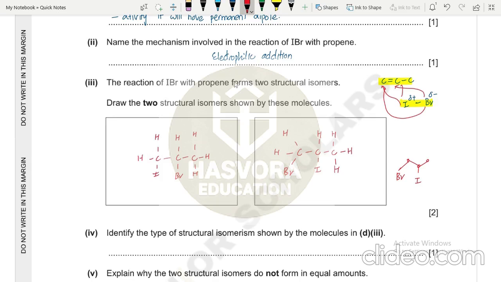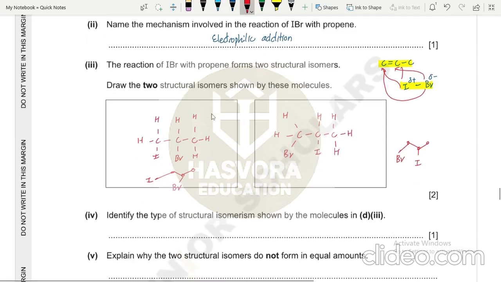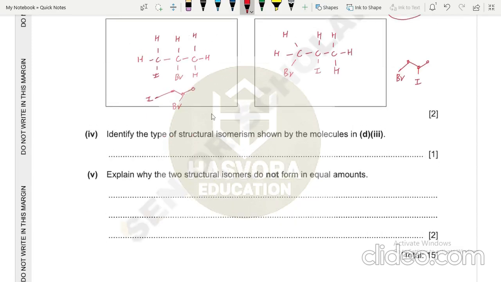It will form a structure like this: one carbon, then the second carbon with Br, and then the third carbon. Identify the type of structural isomerism shown by the molecules in D part 3. You can see that the Br and the iodine are changing their positions. So what is this called? The positional isomers.